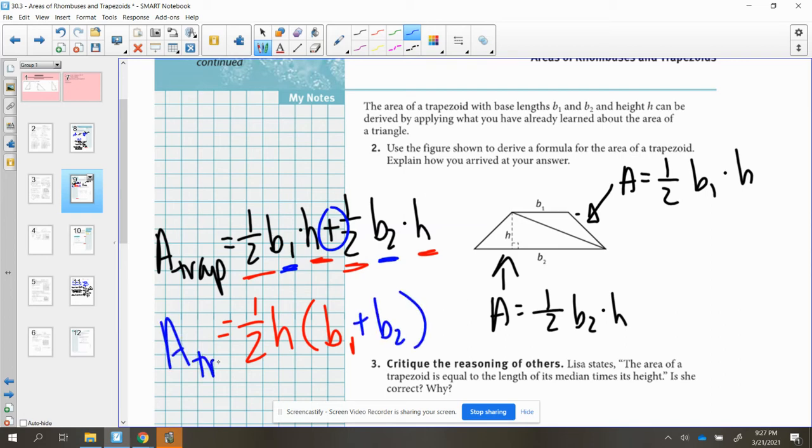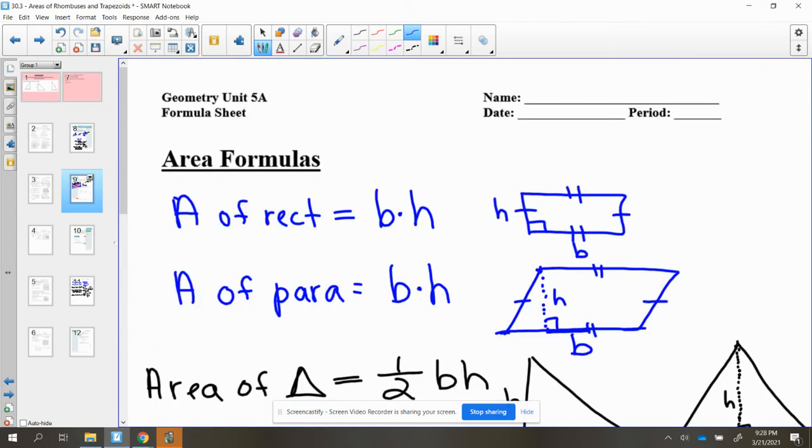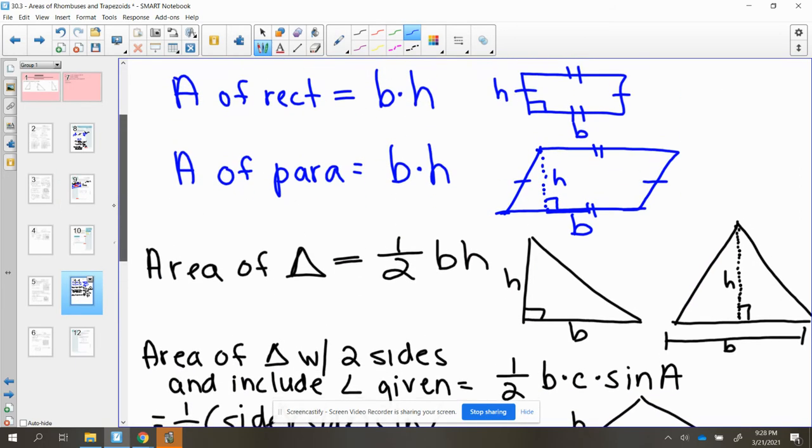This is the area of our trapezoid, 1/2 the height, and then times the sum of the bases, the two bases added together.